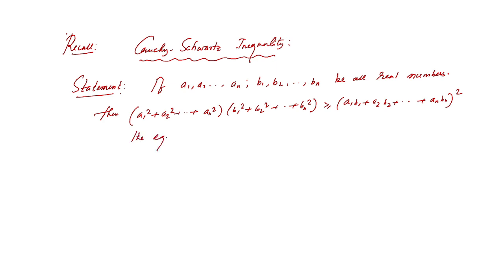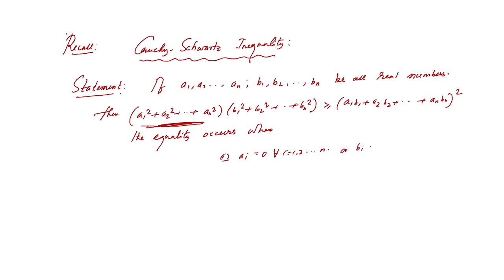So the equality occurs when, first, if all a_i equal 0 for all i equals 1 up to n, because if all a_i equal 0, this quantity will be 0, and the right hand side is also 0.